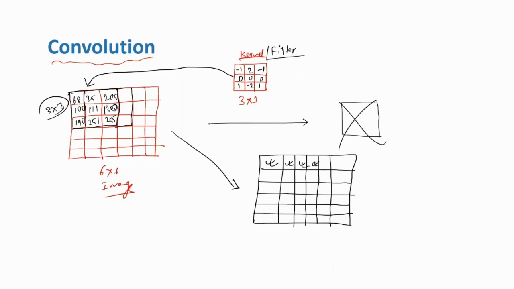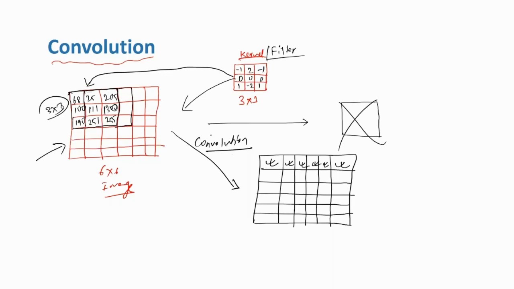Similarly, this image will be convolved with this kernel at all the different pixel locations. When we do such kind of operation, this is called convolution. This is nothing but your convolution.